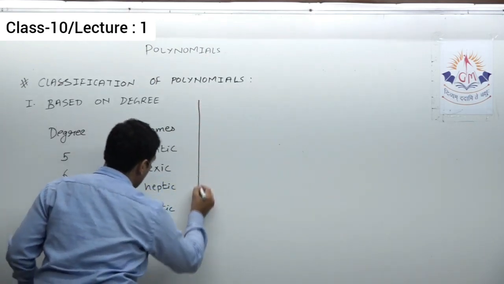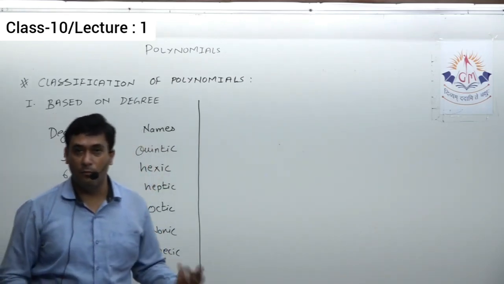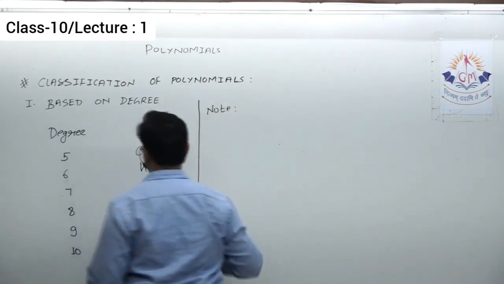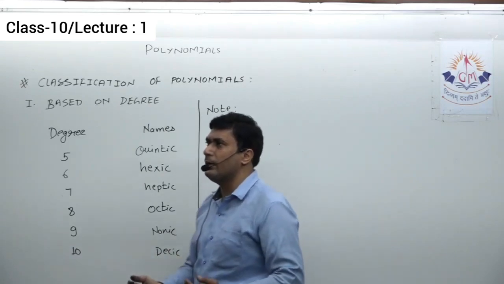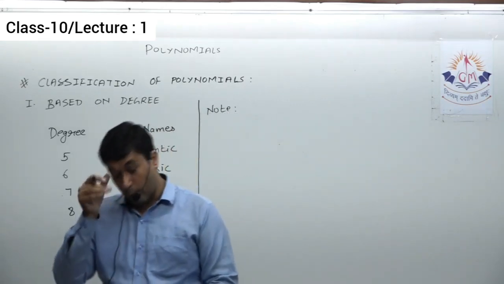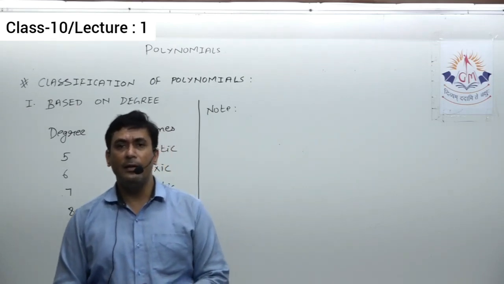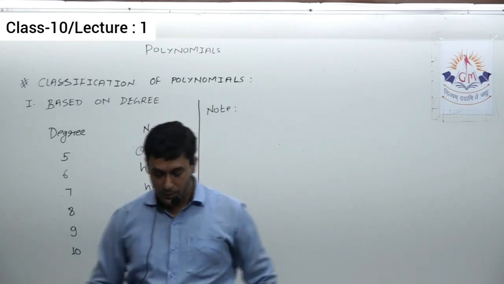But suppose now there is a polynomial of degree 11 or 12, then what do we do? For that, take a note that a polynomial with higher degree is generally known as polynomial of 11 degree, polynomial of 12 degree, or simply we can say they are known as multinomials.